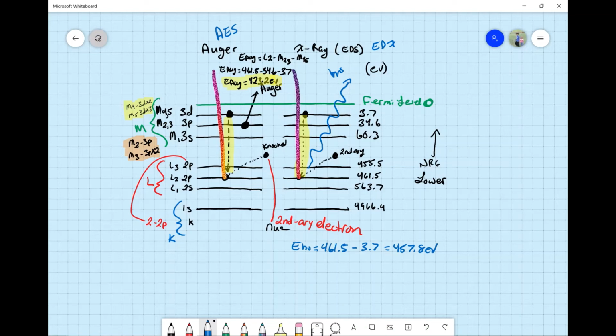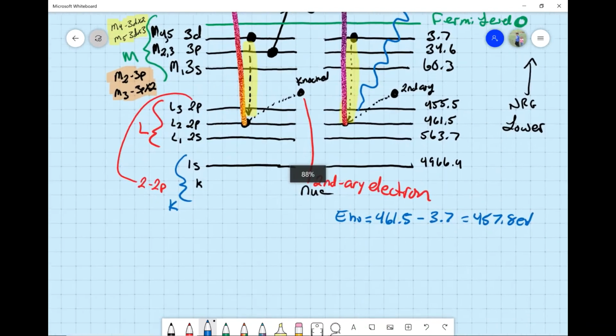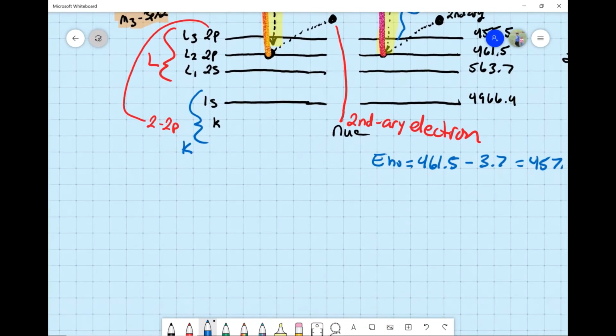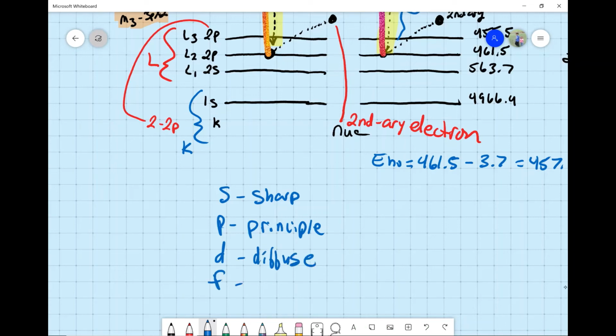And hopefully this has kind of begun the discussion on KLM and how that relates to SPD. I always have to do this. It's like, I don't know, an idiosyncrasy I have. If you remember, S is sharp, P is principal, D is diffuse, and F is fundamental.